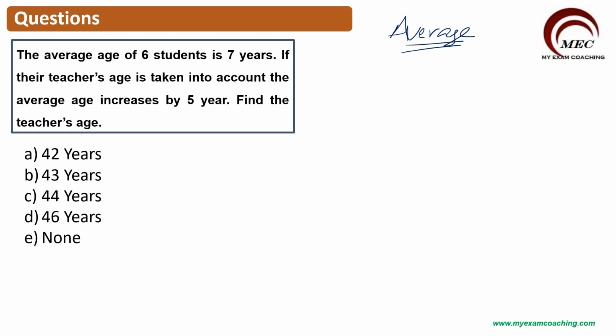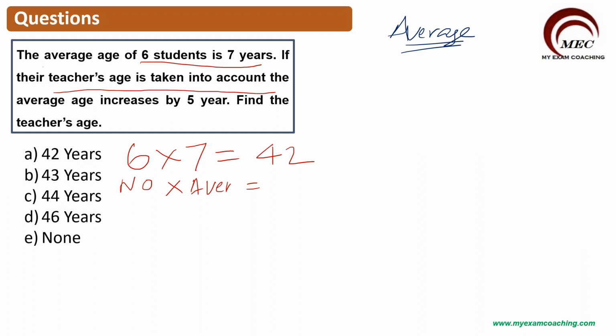What is given? The average of 6 students is 7 years. So the total is 42, because 6 sevens are 42. The average is of 6 students, so the number is 6 and the average is 7. Average multiplied by total number gives us a total of 42.